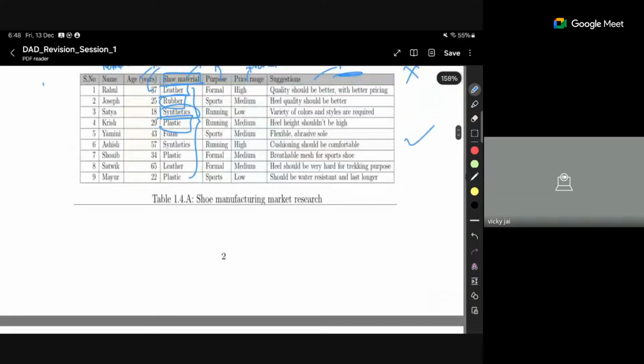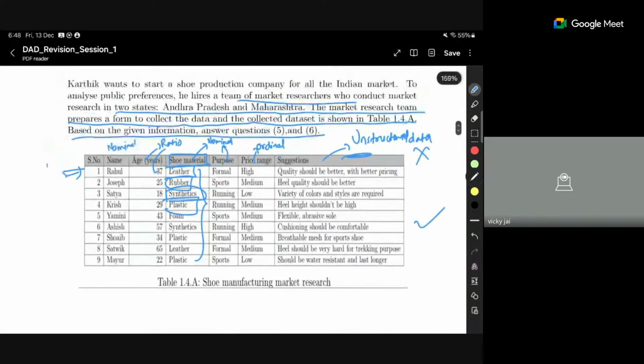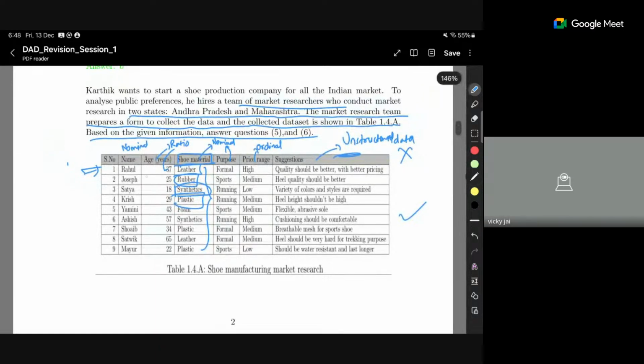This other data, you can say, is cross sectional data. There is no relation of time. Rahul is a person who is maybe age 37. He bought a leather shoe, the purpose was formal, the price range was higher, and he gave some suggestions. There is no relation of time here.